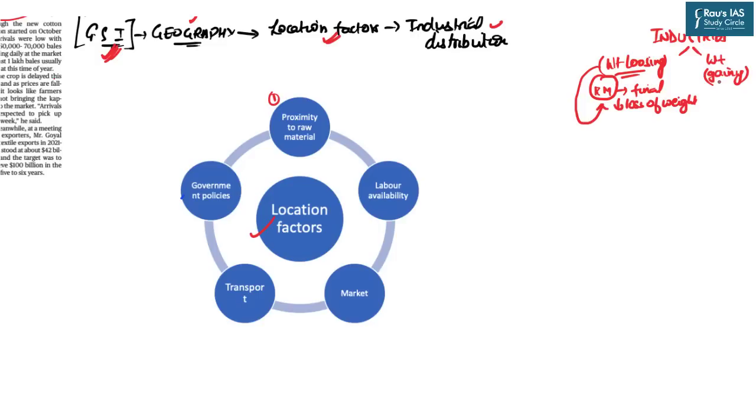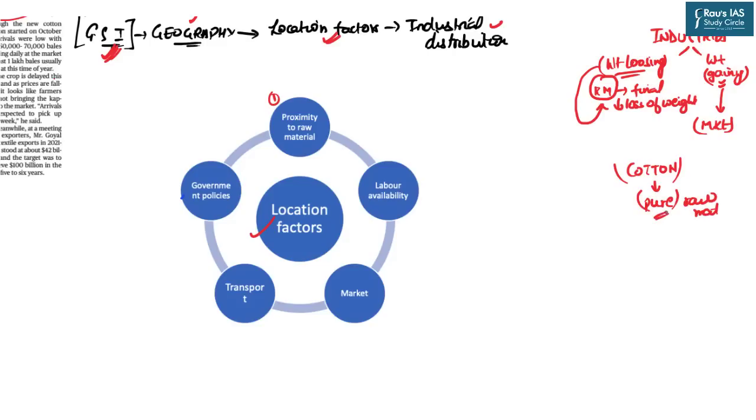On the other hand, weight gaining industries are those whereby when the raw material enters into the final product, it increases its weight. That is why weight gaining industries are located near the market areas. When we discuss the cotton textile industries, we understand that cotton is the prime raw material, and it is a pure raw material.